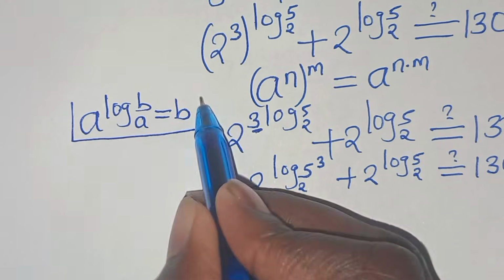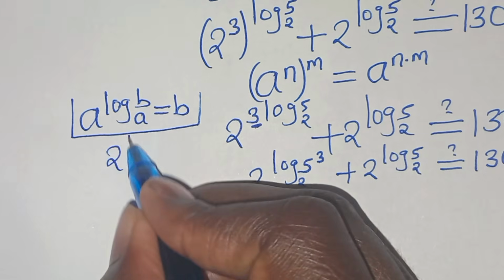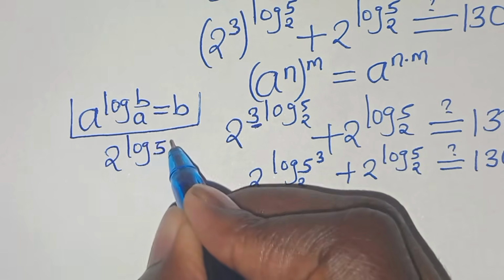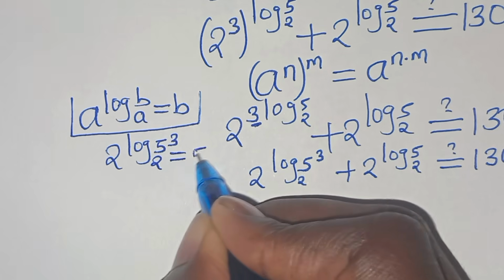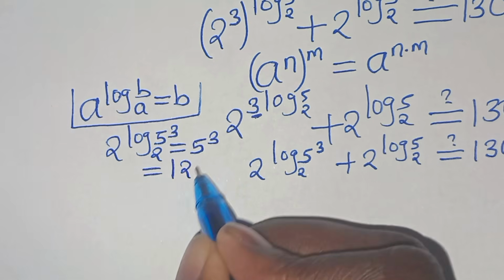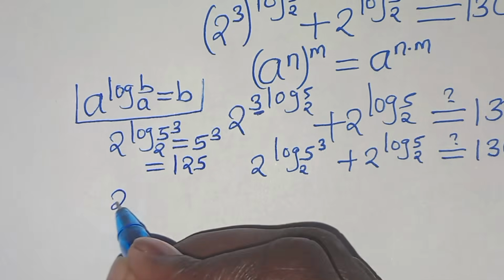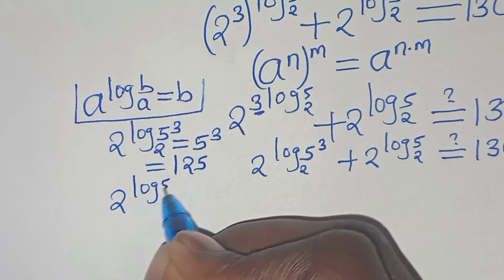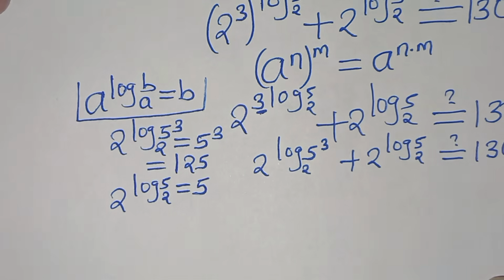Let's apply this logarithm property so that now 2 to the power of log 5 raised to the power of 3 to base 2 will be equal to 5 to the power of 3, and this is equal to 125. And we have that 2 to the power of log 5 to base 2 is supposed to give us a value of 5.